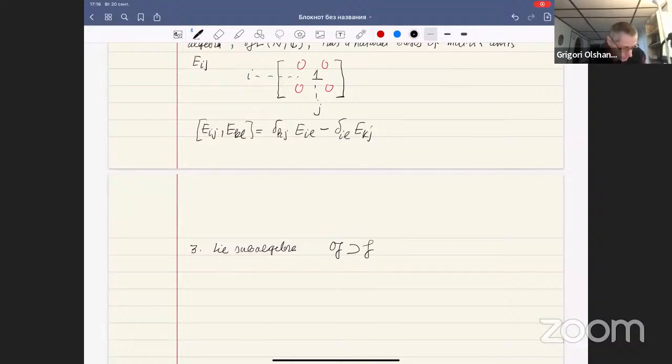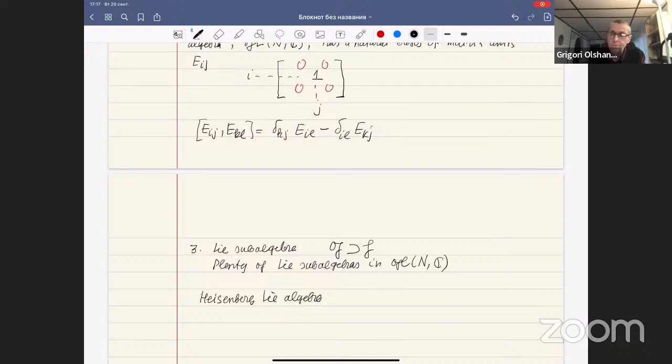Okay? So, for instance, there are plenty of Lie subalgebras in a general linear Lie algebra. For instance, the Heisenberg algebra, the simplest, three-dimensional.